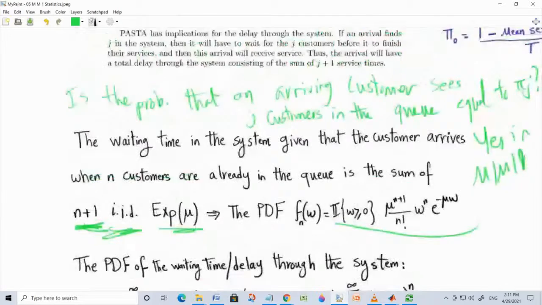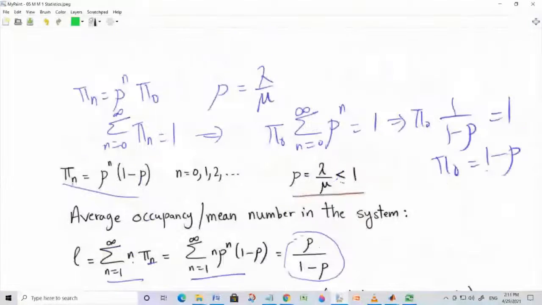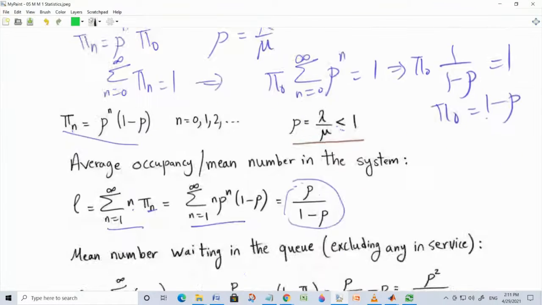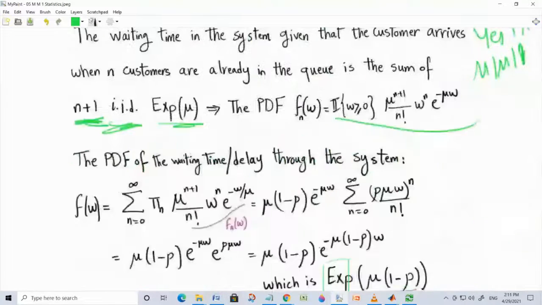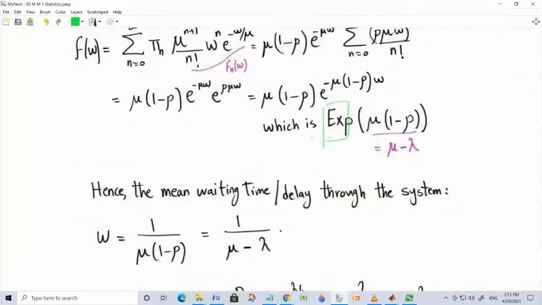Mu minus lambda. Remember that for our system to have a stationary distribution, to be stable, as they say, you must have lambda less than mu. So this is actually the case of interest. If mu is less than lambda, then the number of people in the queue will grow without bound.